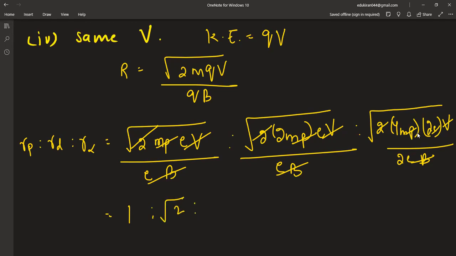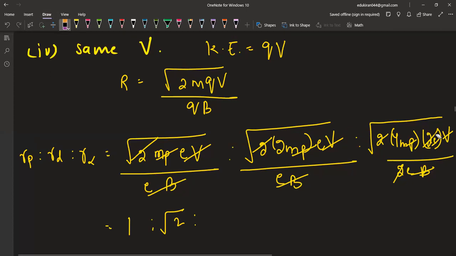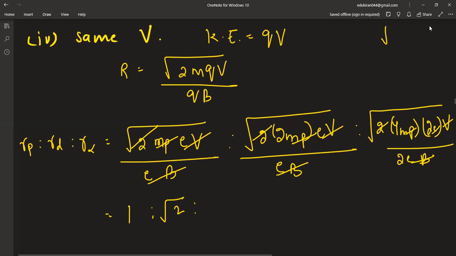Okay, this 2 and this 2 will be cancelled. So root 4. Okay, no. This is root 2. Sorry. They can't be cancelled. See, we are left with root 4 into 2 by 2.